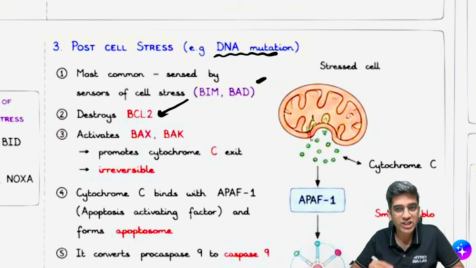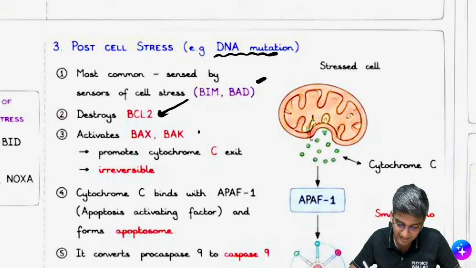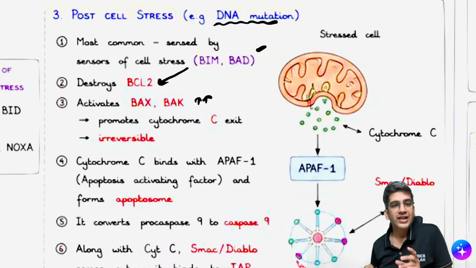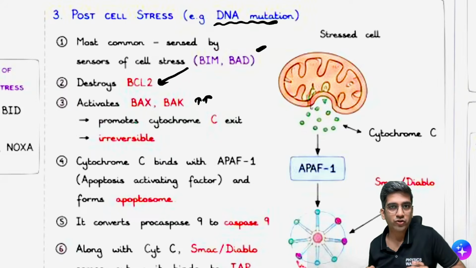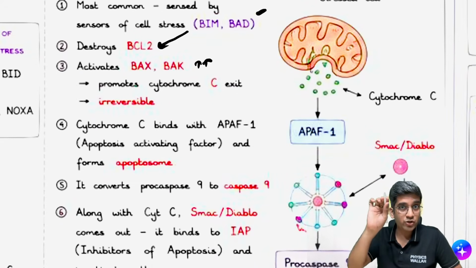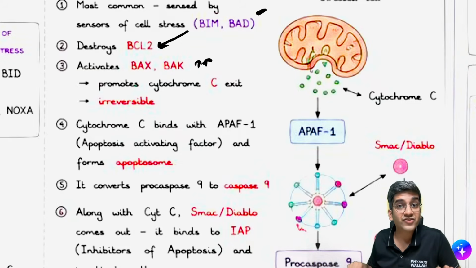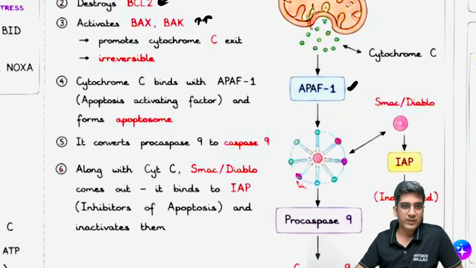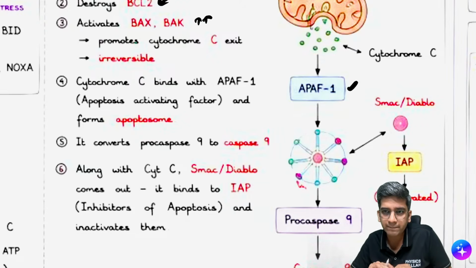One, they destroy BCL2, the one which was protecting my cell so far, and they activate BAX and BAK. BAX and BAK activate and release the cytochrome C outside the mitochondria. Normally, it was inside the mitochondria, giving me ATP. Now it comes outside. So no ATP. At the same time, it doesn't keep quiet. It will bind with one more protein called APAF1, apoptosis activating factor 1.